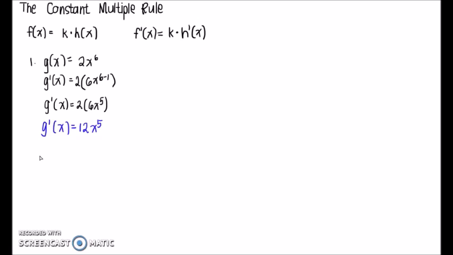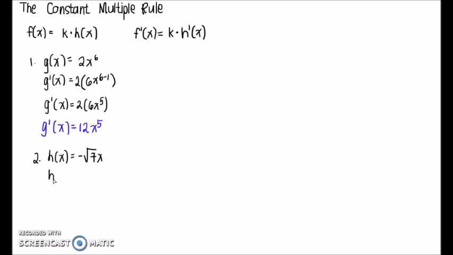Now let's try another example. What if we have h of x equals negative square root of 7 x. So we have here a constant and a function.